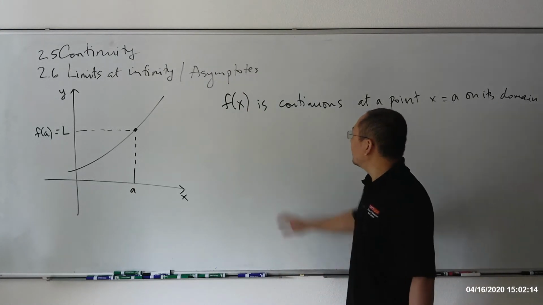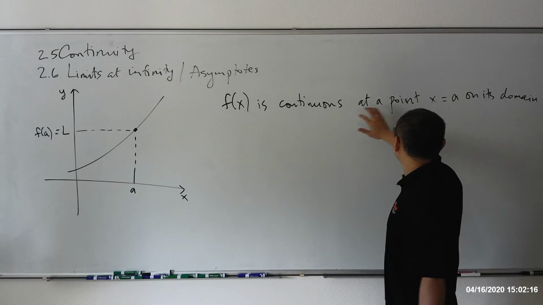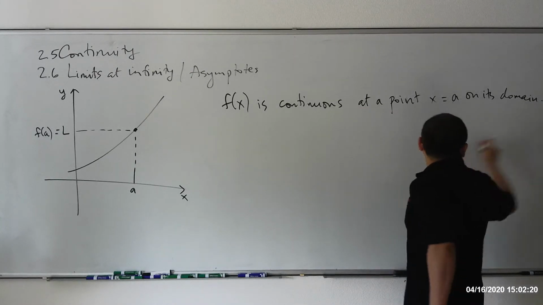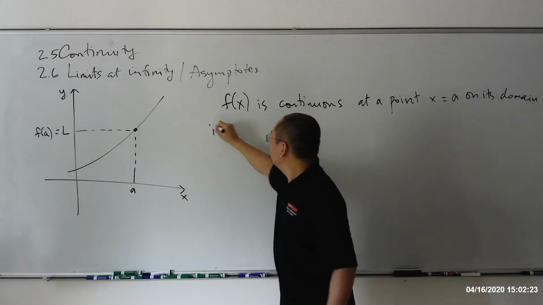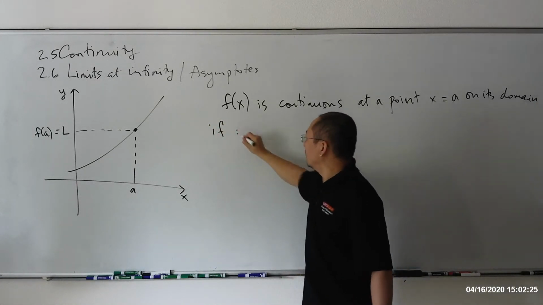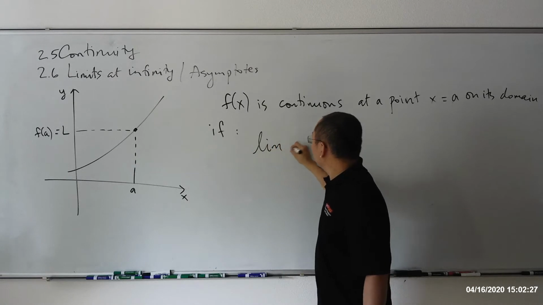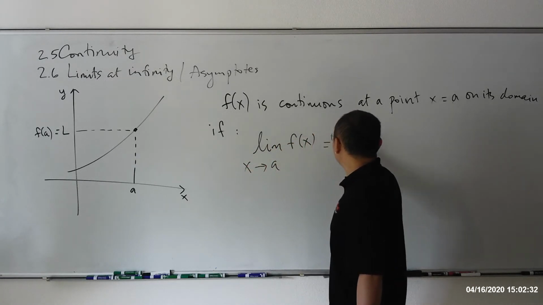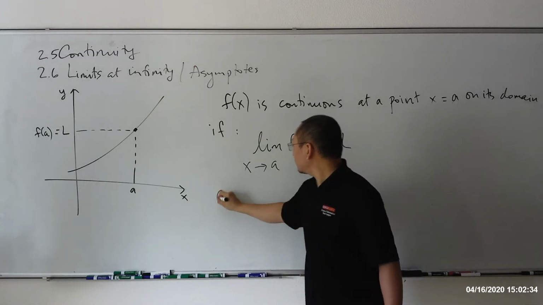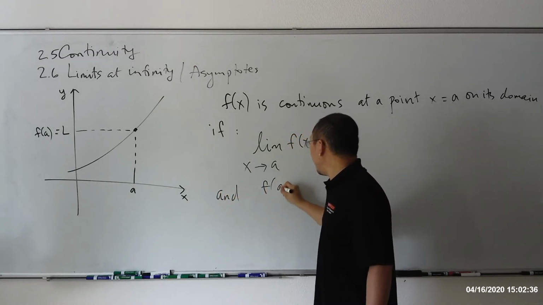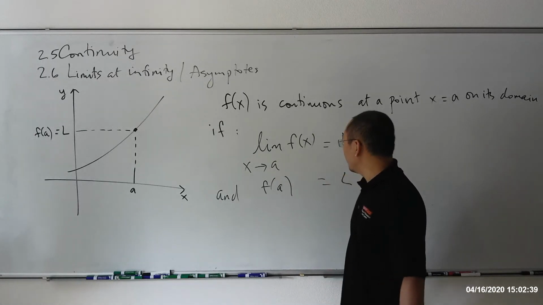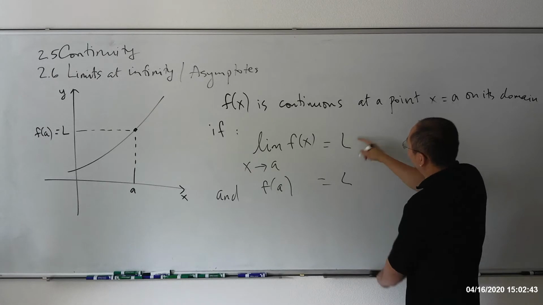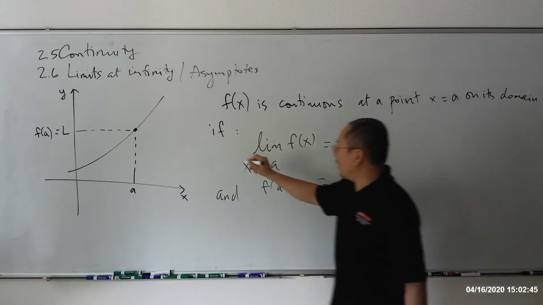So f of x is continuous at a point x equal to a in its domain if the following holds: the limit of f of x as x approaches a equals L, and f of a is equal to L as well. In short, we can write it this way: the limit equals L equals f of a.